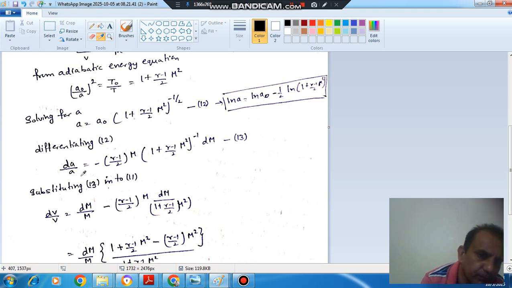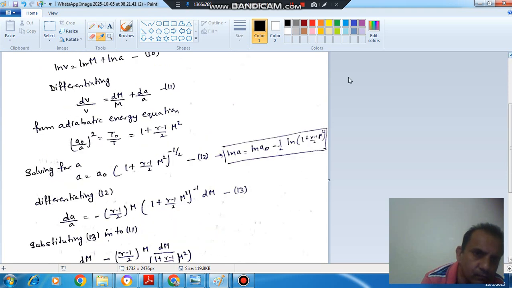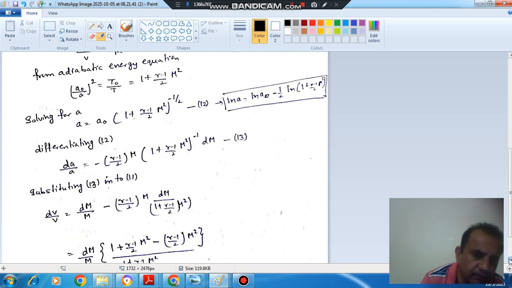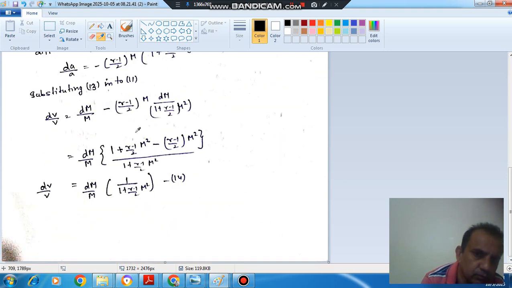Okay, now we can put this da by a in equation number 11 and find out dV by V. Okay, you can solve it by yourself. This is dM by M and this is your da by a. So it will be dV by V equal to dM by M, bracket 1 plus 1 by 1 plus gamma minus 1 by 2 M square. So this is equation number 14.